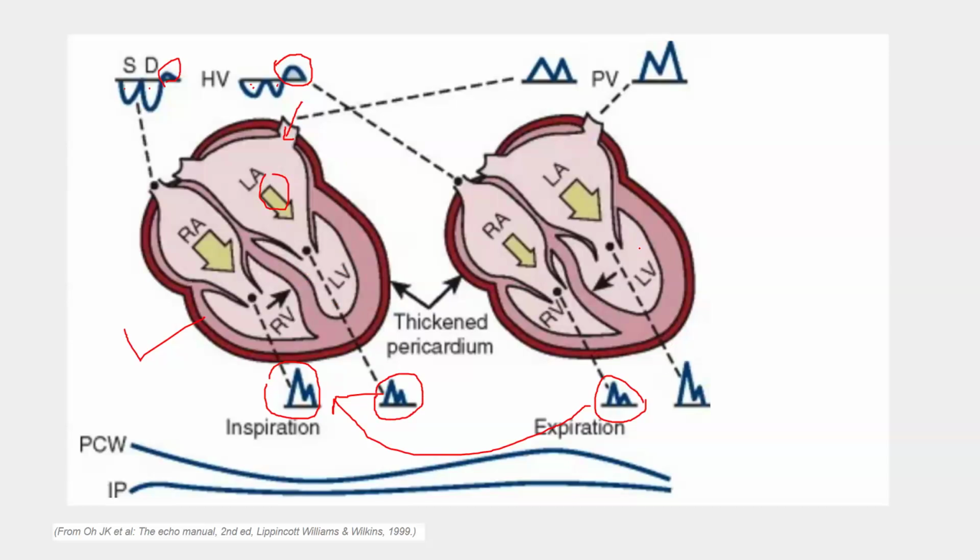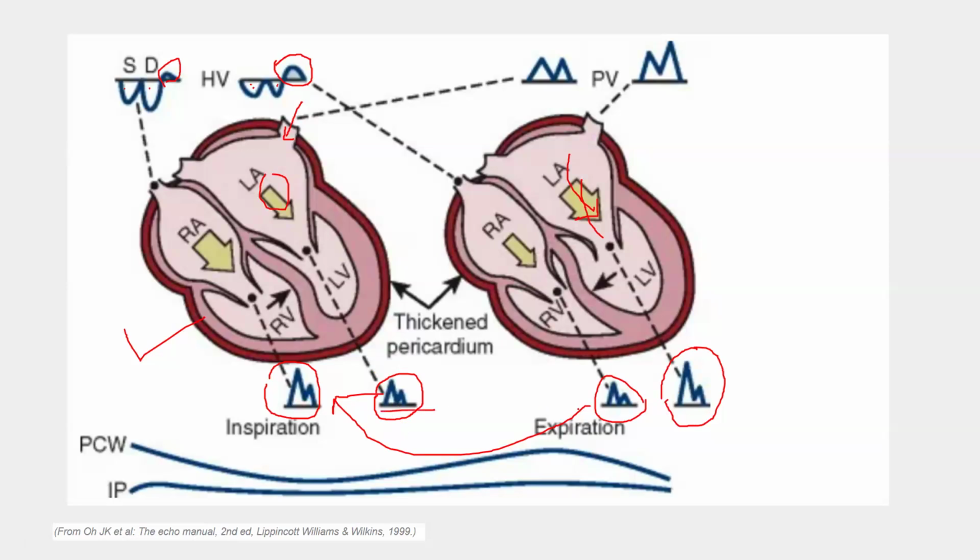Now let's see during expiration. During expiration, the lung is deflated. So this pushes more blood here. And also the septum moves rightward. So we have more blood here. So that translates into an increase in the flow across the mitral valve. So if you compare the flow across the mitral valve in inspiration and expiration, you're going to find it this way.